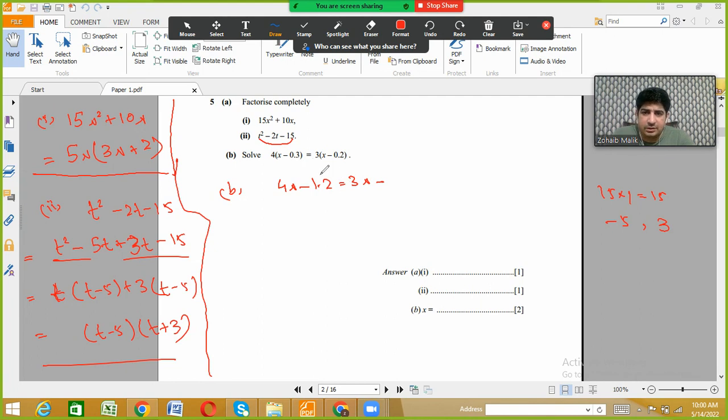So 4x minus 3x is equal to negative 0.6 plus 1.2. So this would be 1x is equal to negative 0.6 plus 1.2, which will be 0.6. So x value is 0.6.